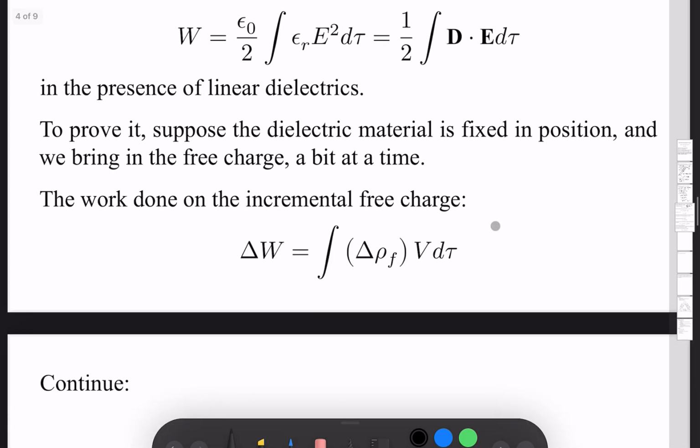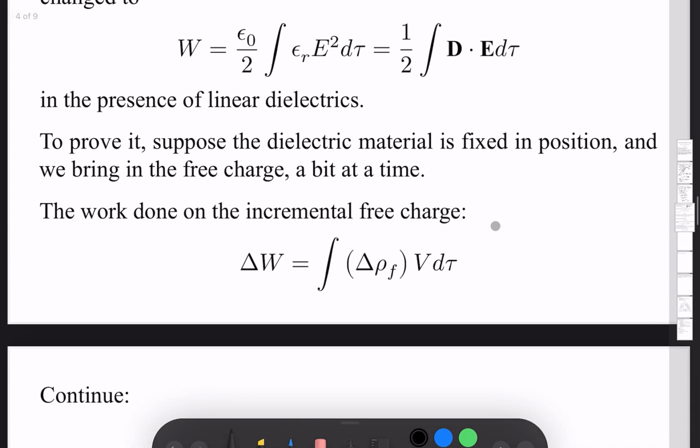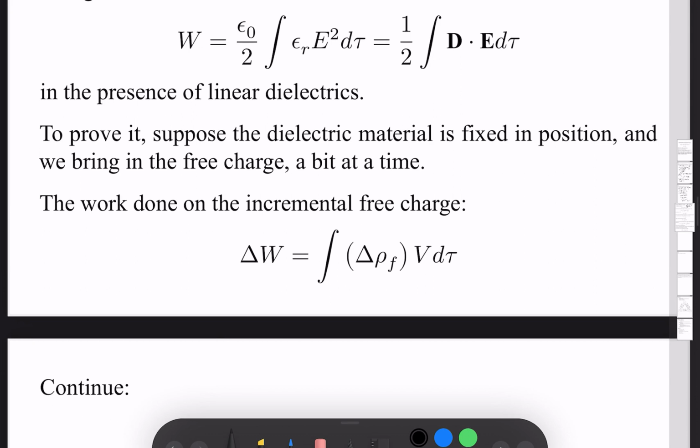Now this is simply an argument, but it's not an exact proof.